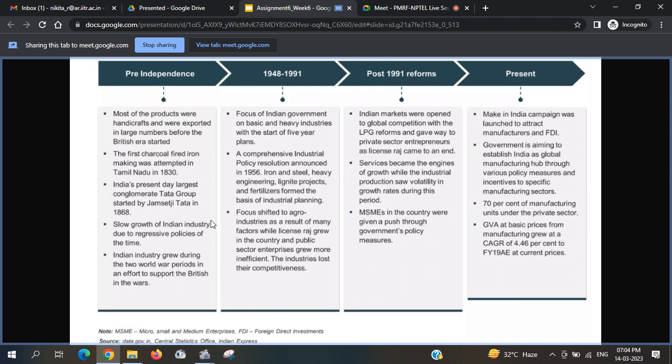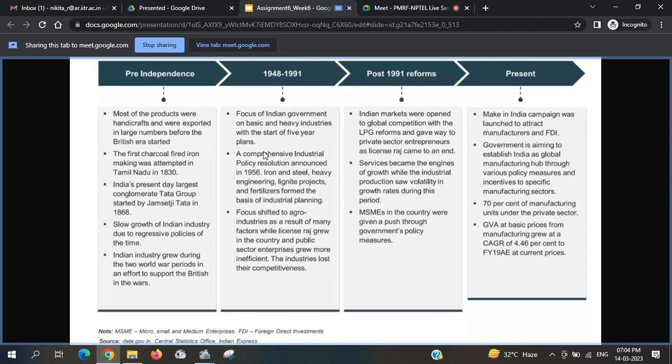And then still the industrial growth in India was slow due to the regressive policies of the time, which were set up by the British government. But later, during the World War, the industry grew over the two World War periods in efforts to support the British during the war.